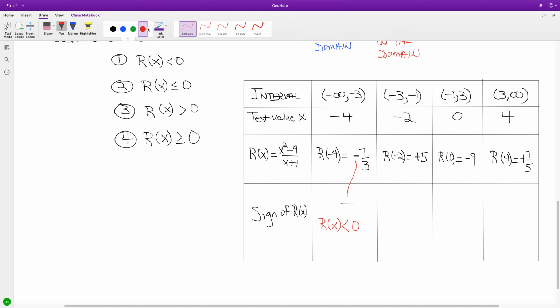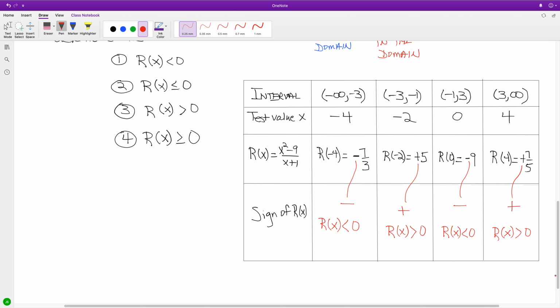Then anything we select greater than -3 and less than -1 for x, the result is going to be a positive function value. So R of x is greater than 0. Then anything we select greater than -1 and less than 3, we have a negative output. So R of x is less than 0. And then anything we select greater than 3, the output is going to be positive. So R of x is greater than 0.